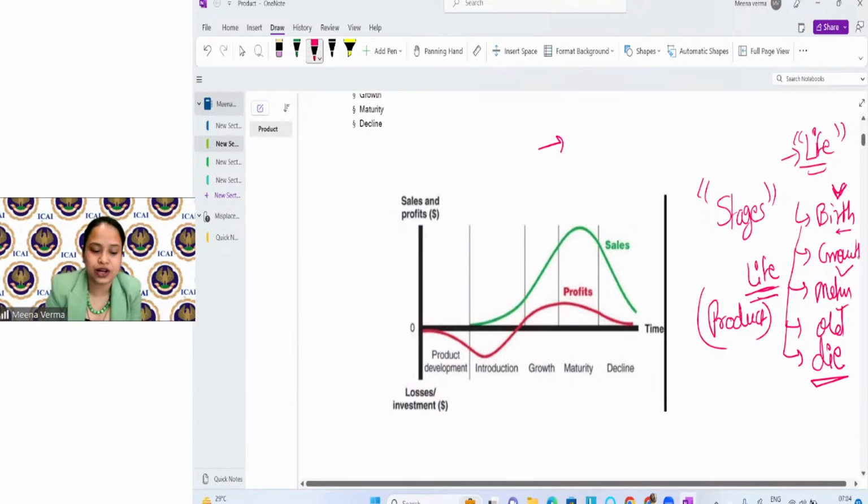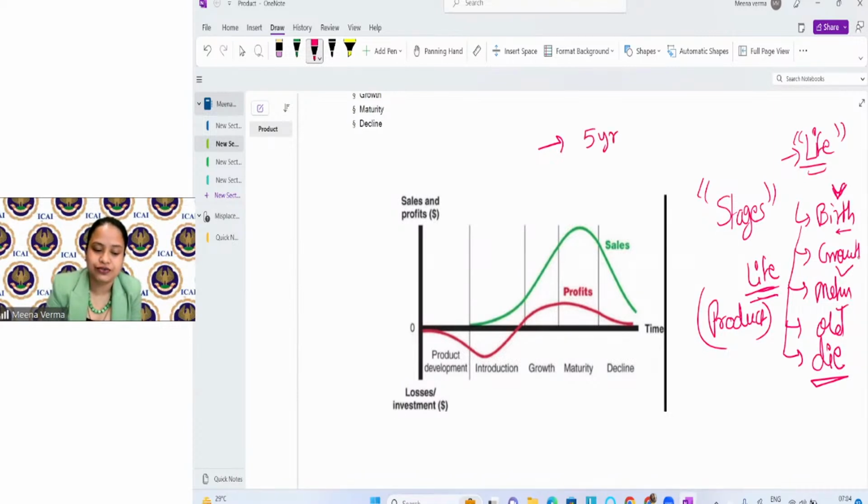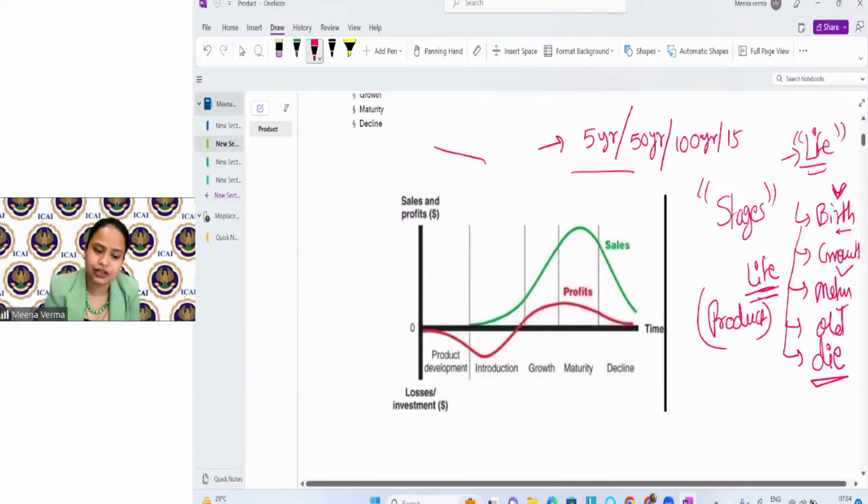Maybe some product has only 5 years of life, for some it is 50 years, for some 100 years, and for some more than 100 years, like 150 years. That may differ.